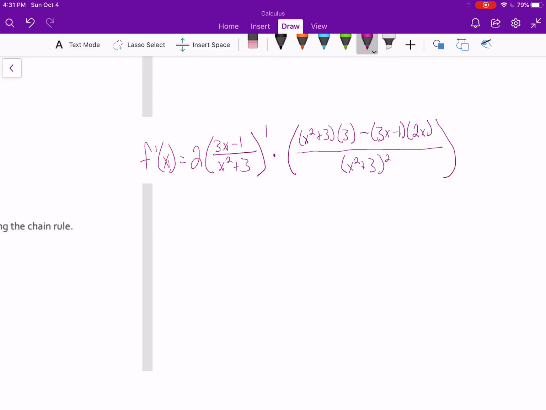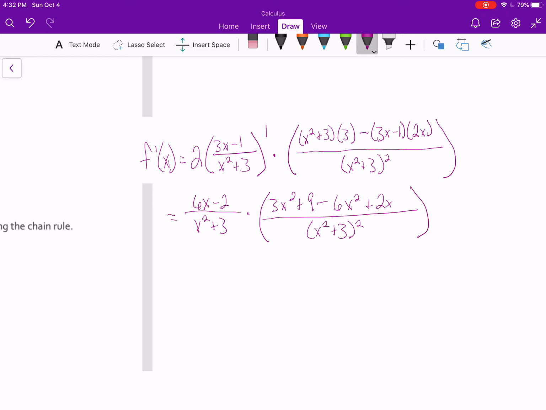All right, let's try to clean that up a little bit. So I'm going to distribute the 2 in to that first part. So it's 6x minus 2 over x squared plus 3 times, I'm going to keep this together, so we have 3x squared plus 9 minus 6x squared plus 2x all over x squared plus 3 squared.